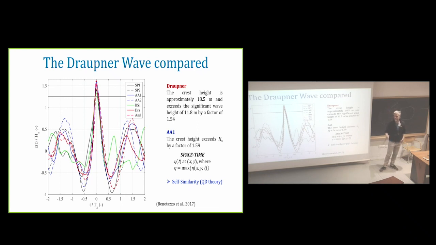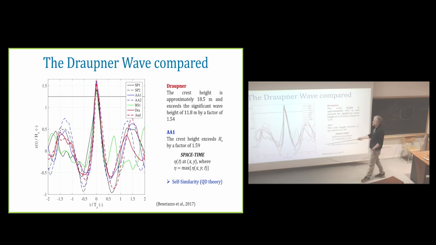Of course, it was a remarkable example, one of the first, but it seems that the world is populated with many more rogue waves than we expect just using buoy data, because in any space-time dataset of 100 meters by 100 meters over 30 minutes, we found tens or even more rogue waves.